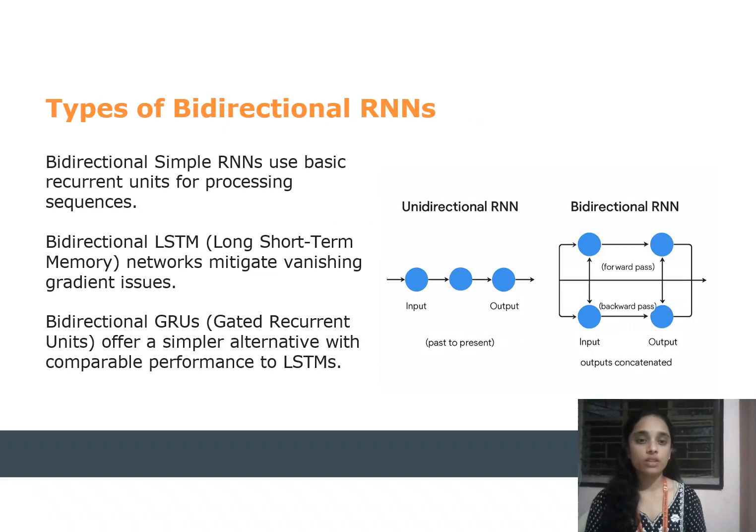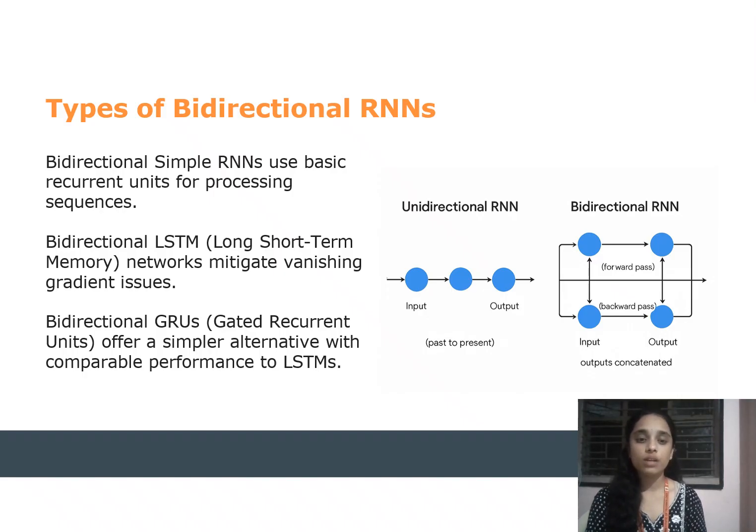Types of bidirectional RNNs. Bidirectional simple RNNs use basic recurrent units for processing sequences. Bidirectional LSTM, long short-term memory networks, mitigate vanishing gradient issues.